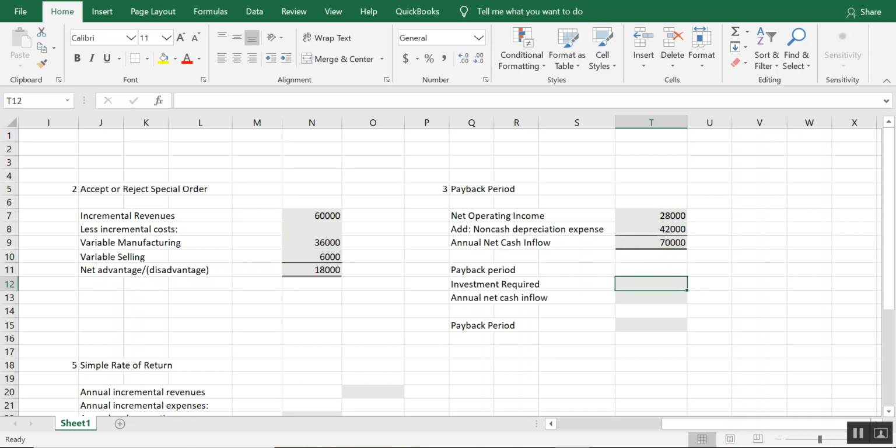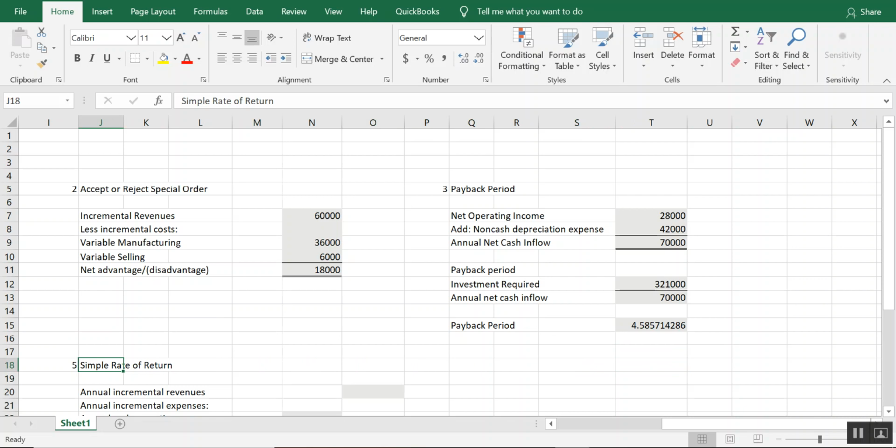So the payback period is calculated by taking the investment required of 321,000, and we're going to divide that by the annual cash inflow, which is the 70,000. Okay. So when we do that, the payback period is going to be 4.585 or 4.59 years, rounded to 2 decimal points.